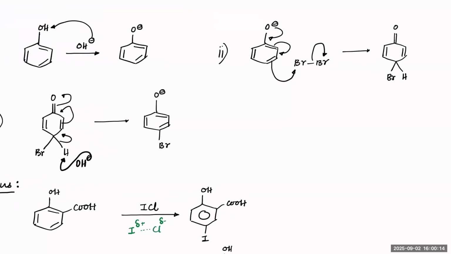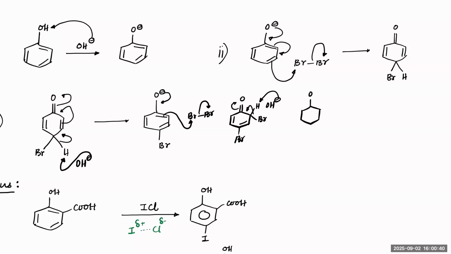Now again, if you have Br and Br here, this can push, the pi bond can attack, and Br minus will leave. So what do I get again? I will get a double bond to O, a double bond to Br here, and Br and H here, correct? Again, OH minus can push, take away H+, this will push, and O minus will come.